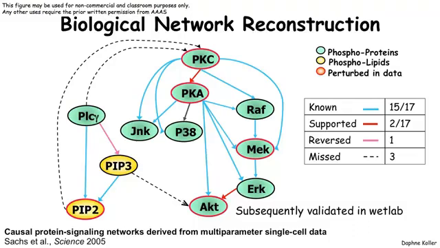In this case, the application was biological network reconstruction, where a biologist measured protein levels of a diverse set of proteins in different conditions under different perturbations. And from that, they learned the relationships between those proteins and discovered interactions between those proteins where one was controlling another, including ones that were not known before.